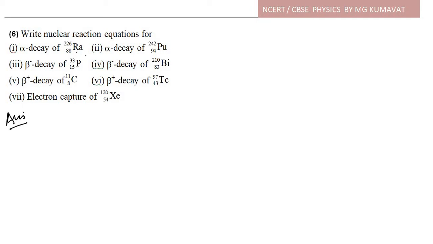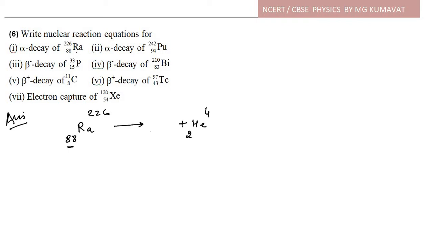So alpha decay of radium. What happens when an alpha particle is emitted from radium having atomic number 88 and atomic mass 226? We know, students, an alpha particle is a helium nucleus, and when an alpha particle is emitted from any atom, its atomic number decreases by 2.